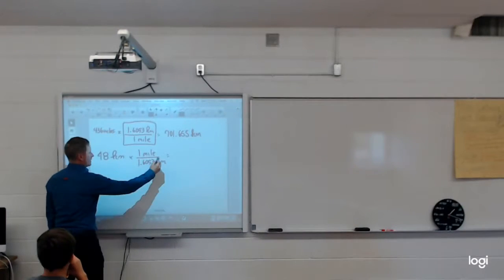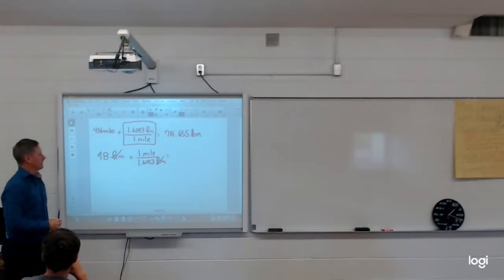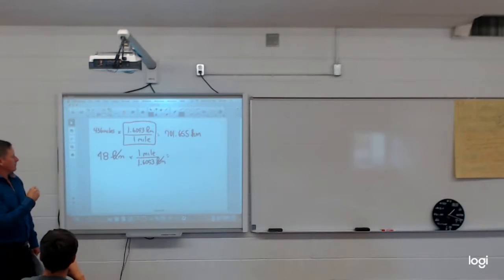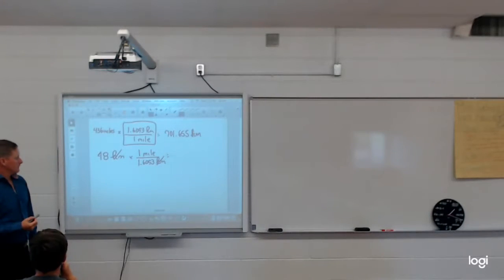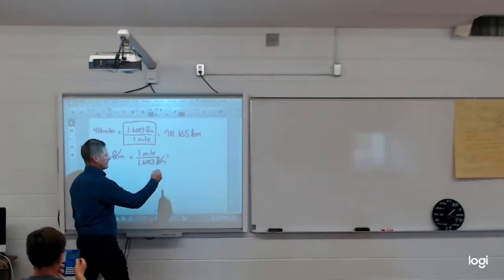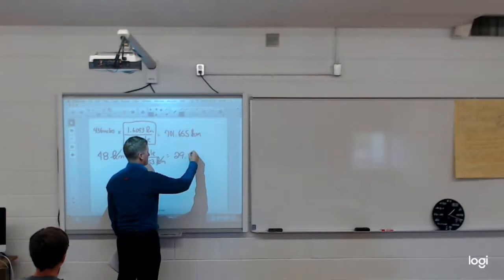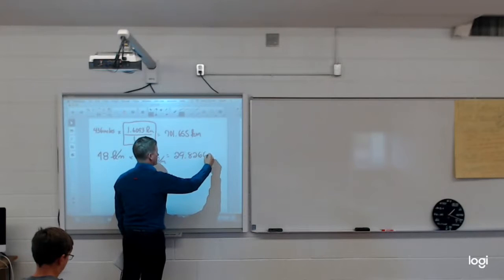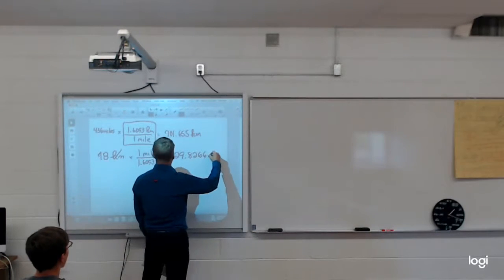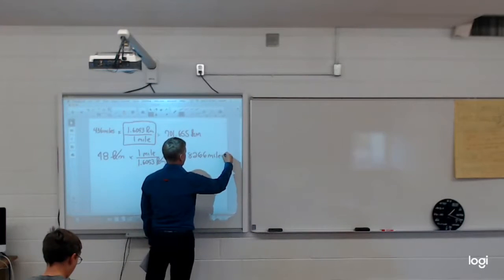Okay, so that's what I have there and there, right? So now what am I doing to change from kilometers to miles? What do I have to do here? Divide by 1.6093. Okay, so let's divide by 1.6093. What do I get? 29.8266. All right, perfect. That is in miles now. Okay.